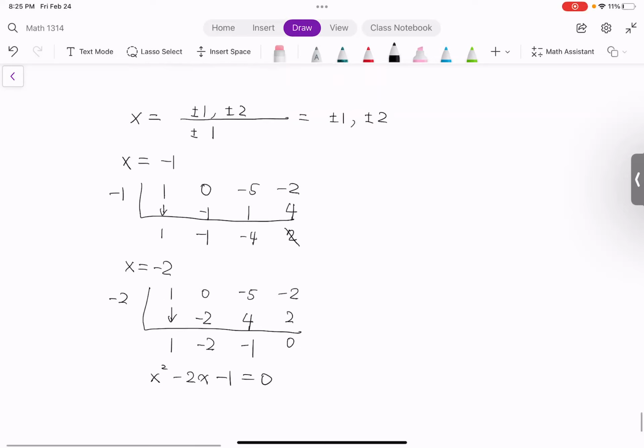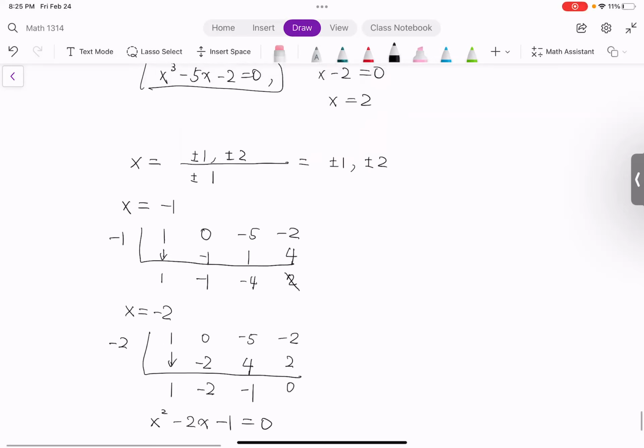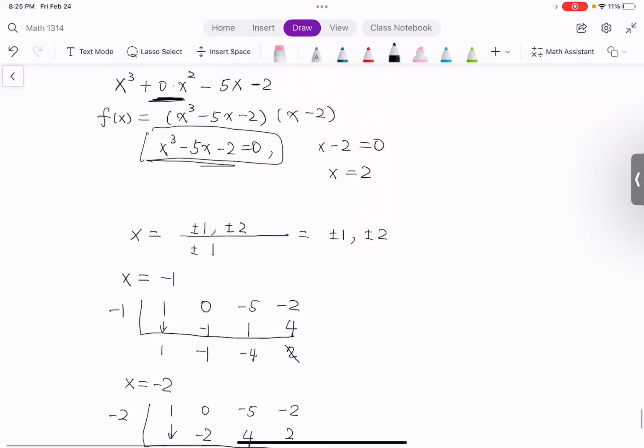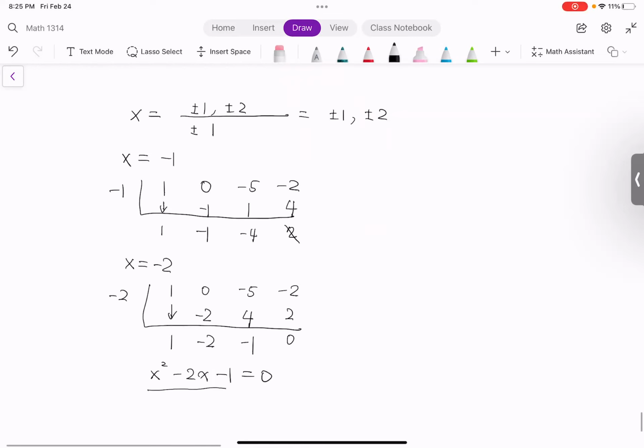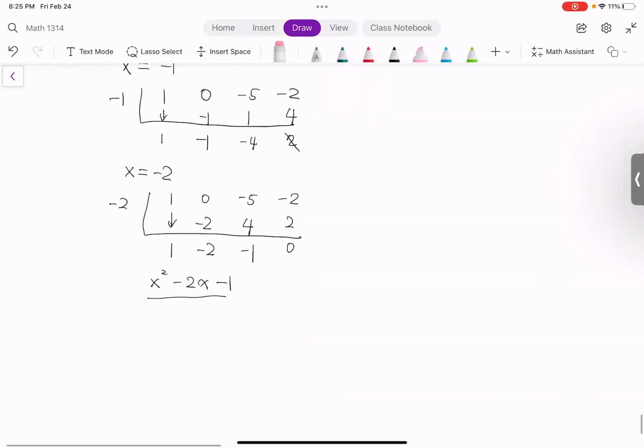Then this one can be factored as the quotient multiplied by the divisor. So we have x squared minus 2x minus 1 times x plus 2 equals 0.